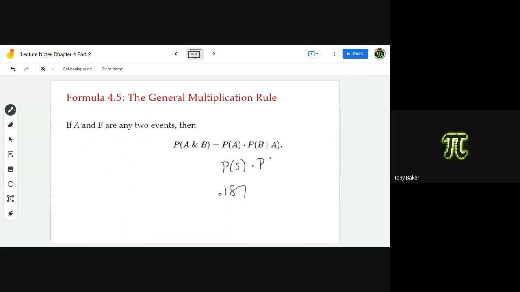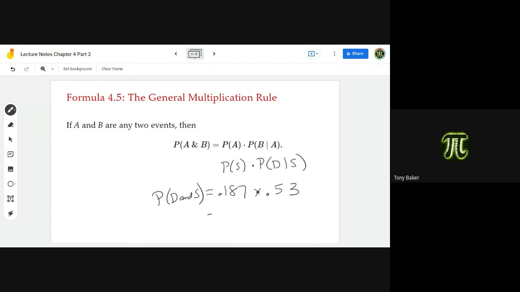And then the Democrat, given that they were a senator, was 0.53. So if we multiply those, we will get D and S, which is what we were looking for.